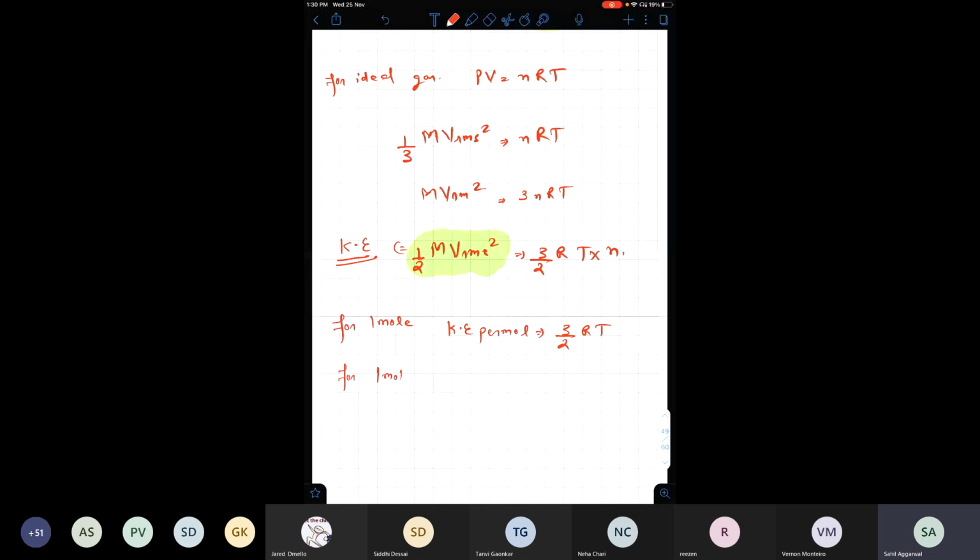For 1 molecule, kinetic energy per molecule. Kinetic energy per molecule मतलब this was for Na molecules. एक मॉलिक्यूल के लिए क्या हो जाएगा? 3 by 2 R by Na into T. Per mole का मतलब 1 mole, 1 mole means Na molecules. Na मॉलिक्यूल के लिए इतनी है, तो एक मॉलिक्यूल के लिए R/Na हो जाएगी.